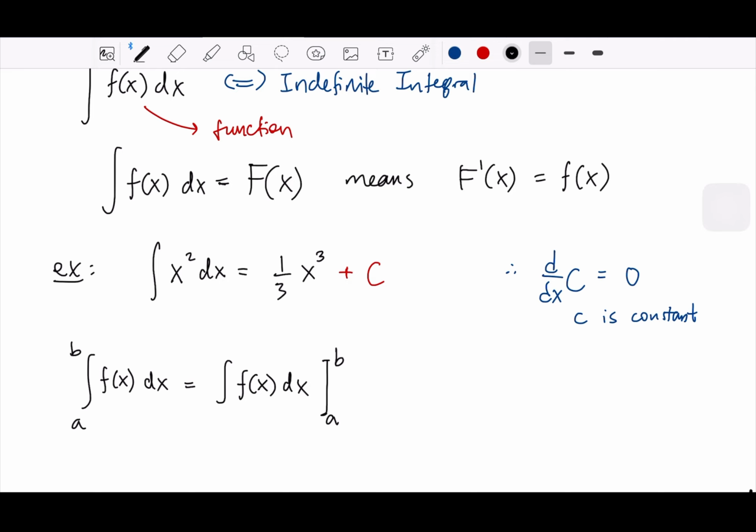In the beginning, we defined the definite integral as the summation of rectangles, right? And then the indefinite integral is given by the fundamental theorem of calculus, the antiderivative. So you need to plug in b and a, and we can write this as F of b minus F of a.